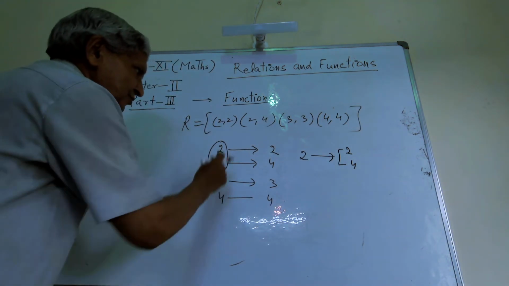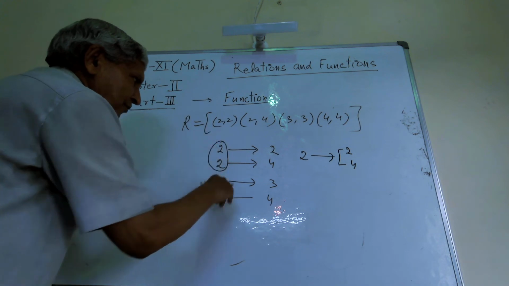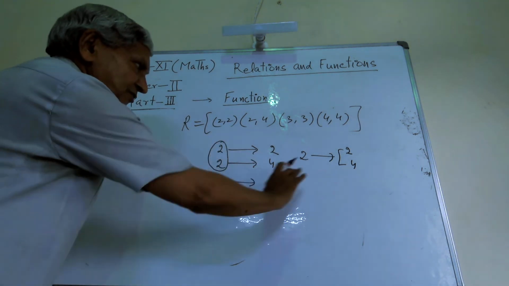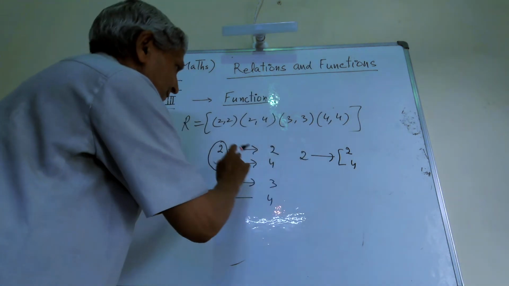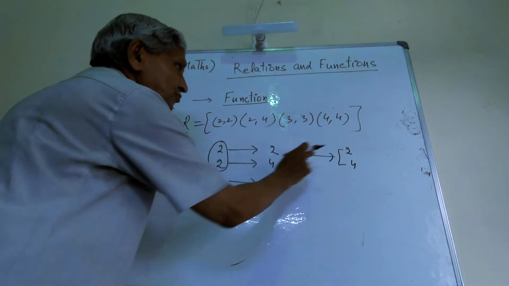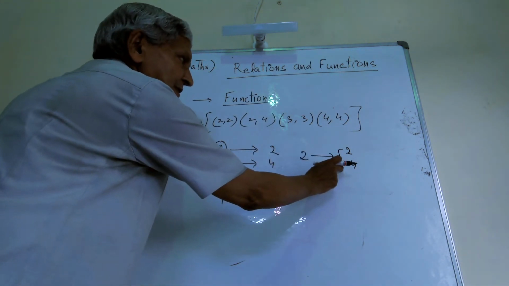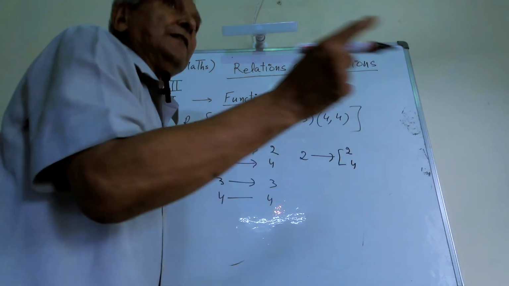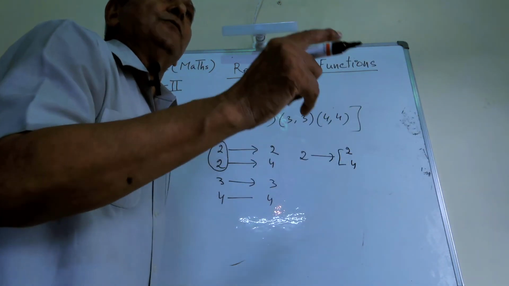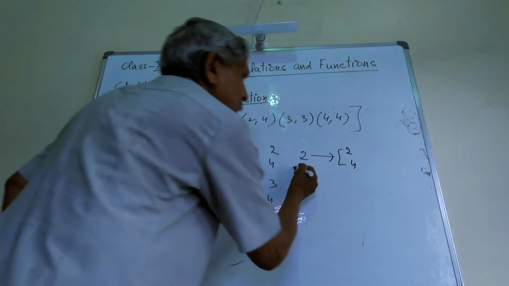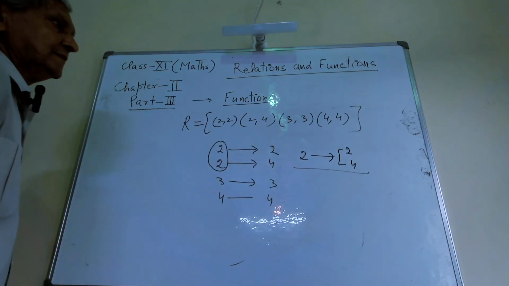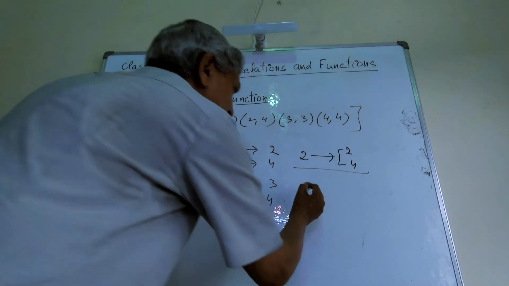First condition is fulfilled. Every element of A has images. Second, this 2 has 2 images. And the condition is that every element should have one and only one image in B. And it has 2 images in B. Or by the diagram.